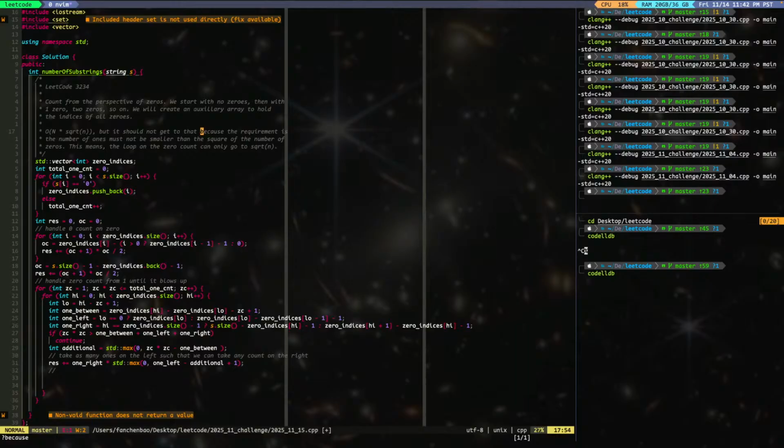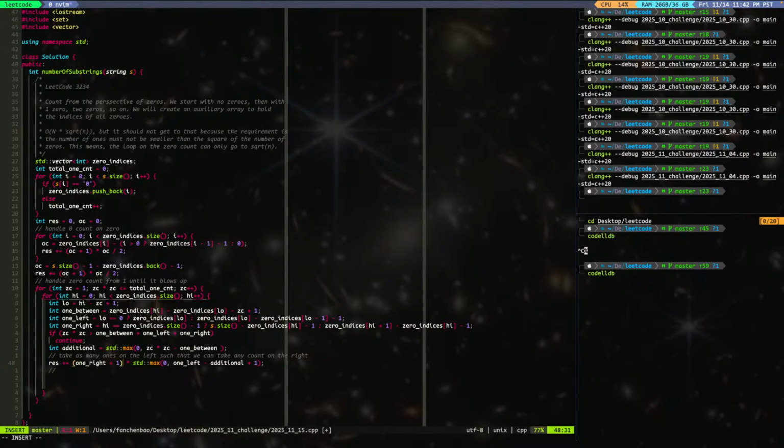Actually, I just realized this is not right, because this is the number of 1 on the right, but we can also do 0, so we can plus 1 because we can do 0. All right, so on the right hand side we can do 0 or the count, right? Okay, yeah, this looks good.